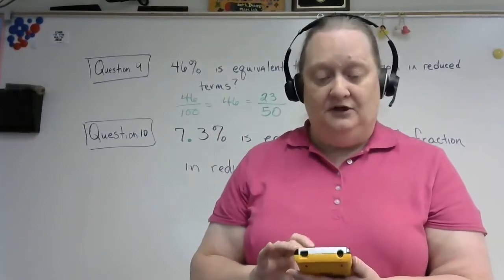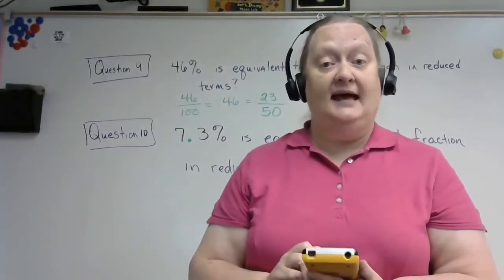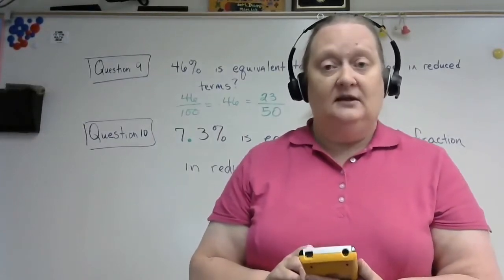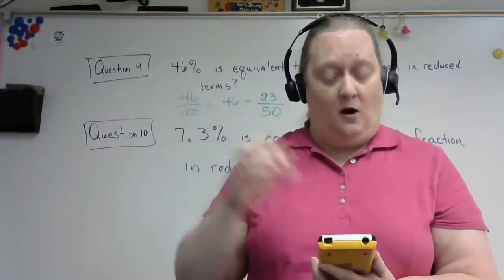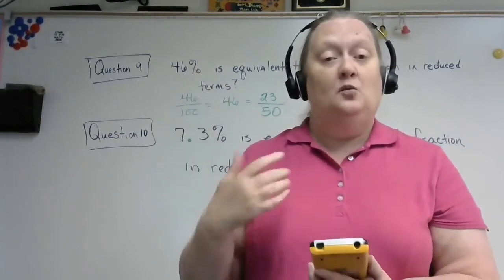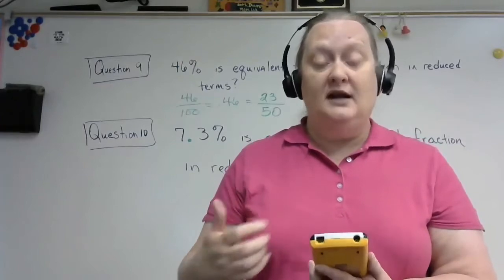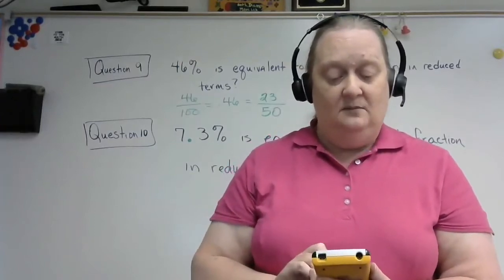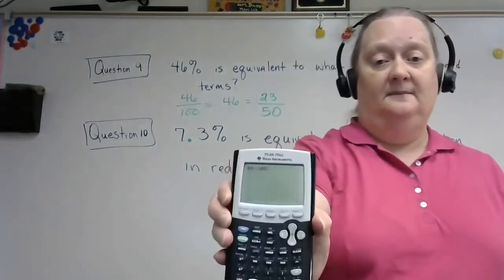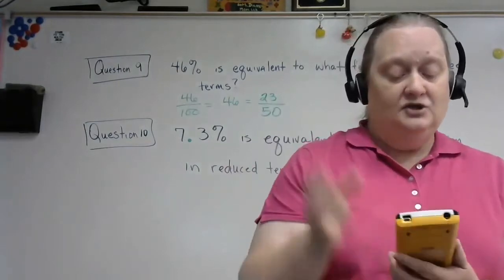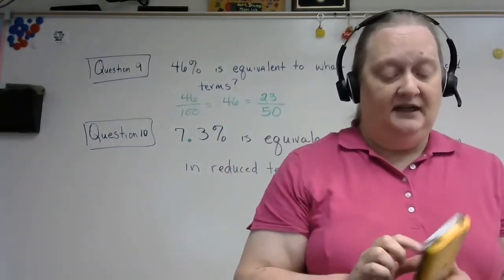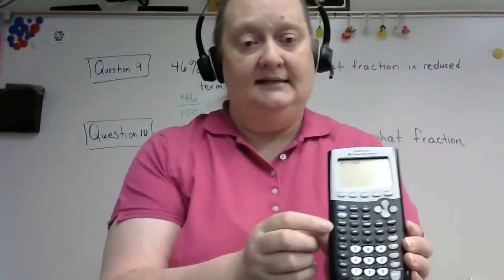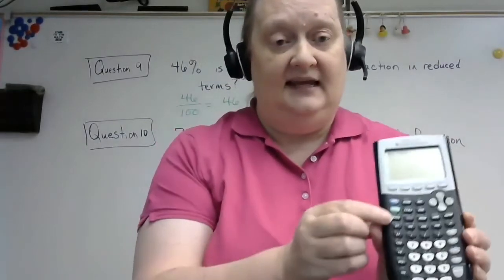So let me show you how you should put this in your calculator to check. Let's take the percent part, which is the 46. Remember that's divided by 100. So we do divided by 100. And then you're going to press the math key.